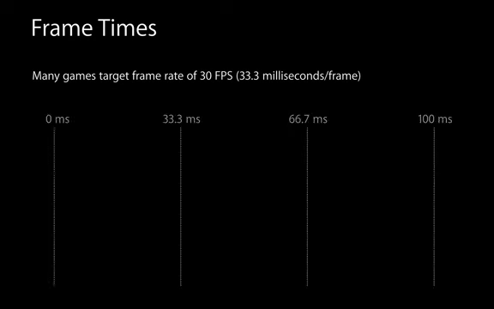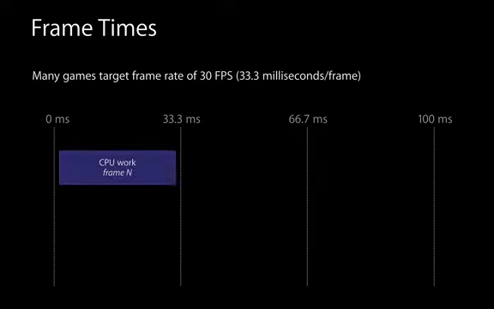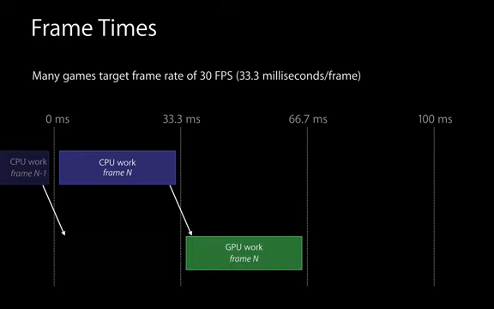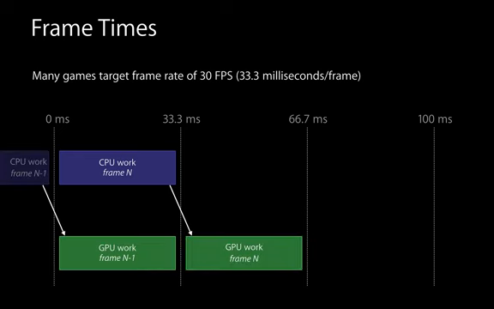The first thing we wanted to understand is how most modern games try to manage their CPU and GPU workloads. Most games will target a frame rate. Oftentimes it could be 60 frames a second, sometimes it's 30. In this example, we're using 30, which works out to about 33.3 milliseconds per frame. Now on this timeline, you can see how most games would try to optimize for this type of timeline.